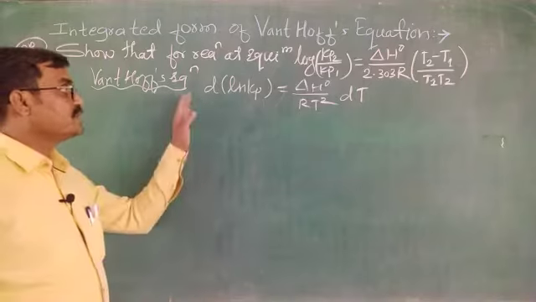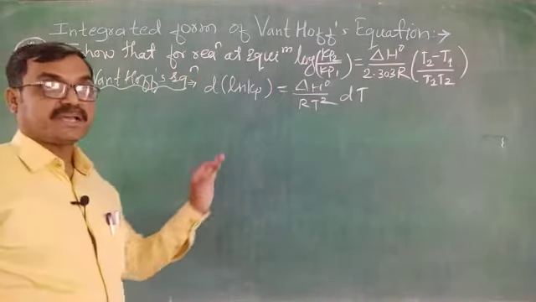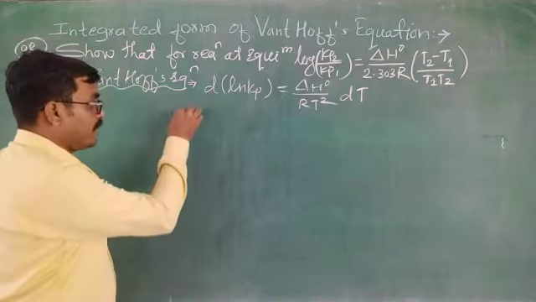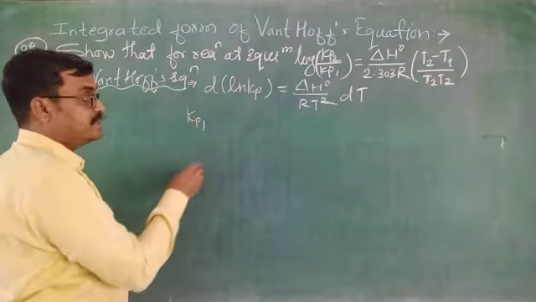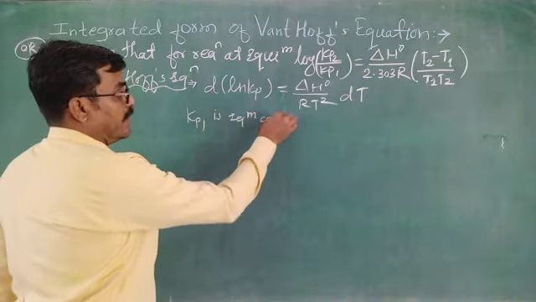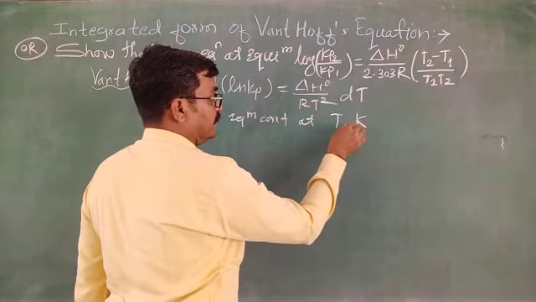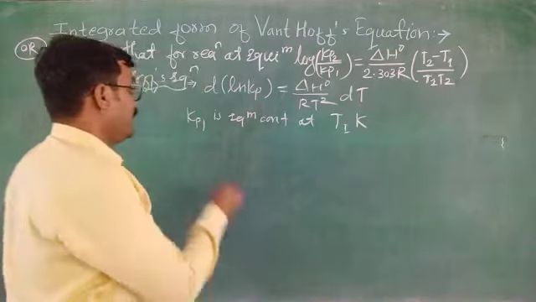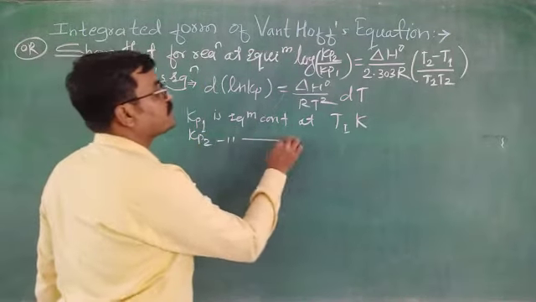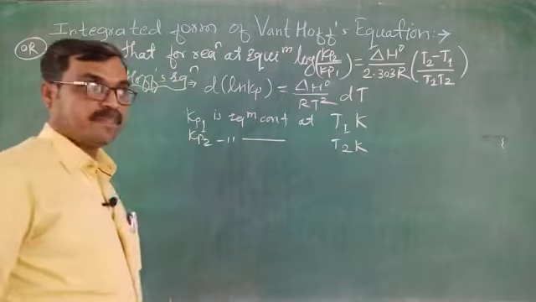No doubt this is Van't Hoff's equation for the reaction which is at equilibrium. Now let me assume Kp1 is the equilibrium constant at temperature T1 Kelvin and Kp2 is the equilibrium constant at temperature T2 Kelvin.